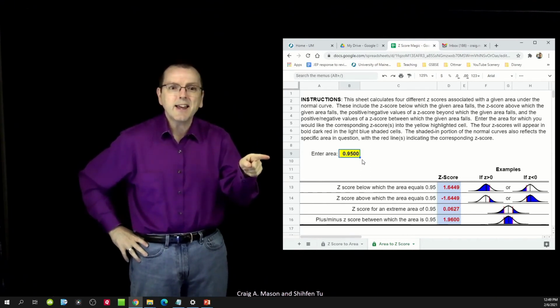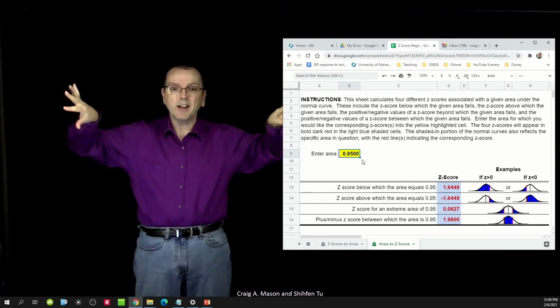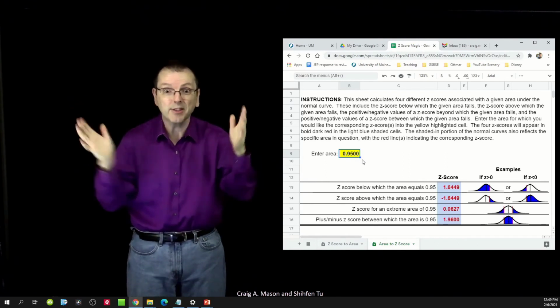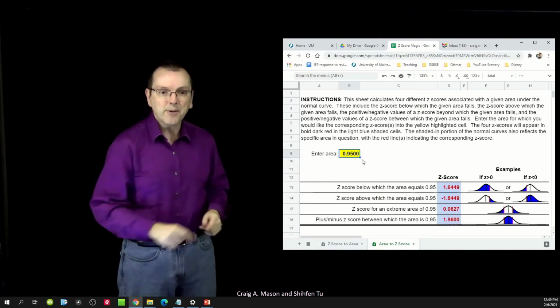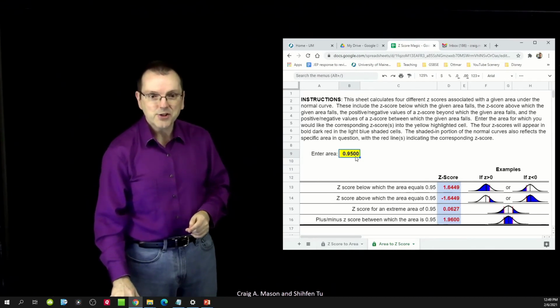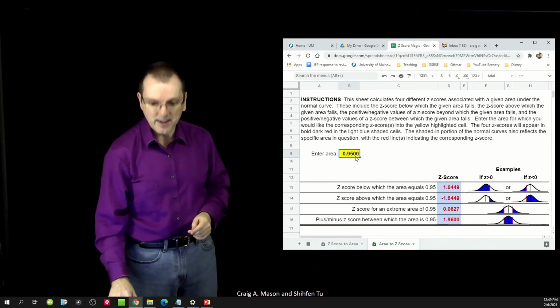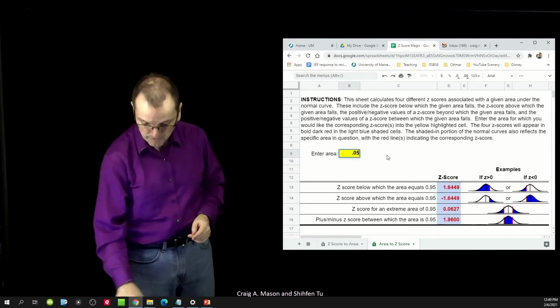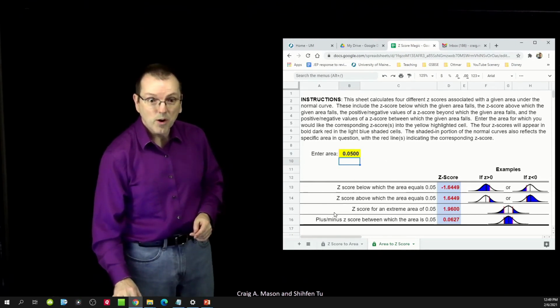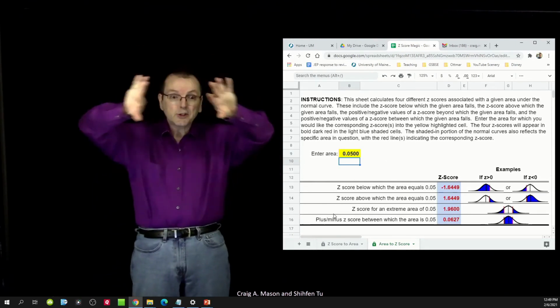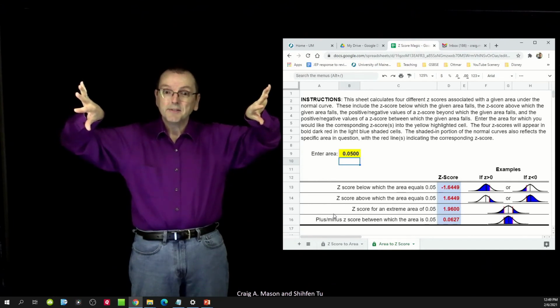Oh yes, it's the area beyond which is 95%. That's almost everything. So again, it's going to be close to 0. We can flip that around by, let's just change our value here. And now we'll say, instead of making this 0.95, let's make it 0.05. And now look what happens here. The z-score for an extreme 5%, right?